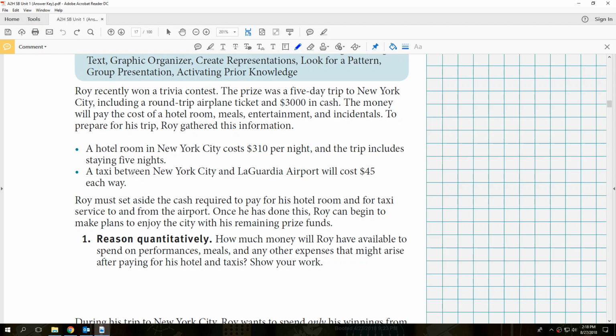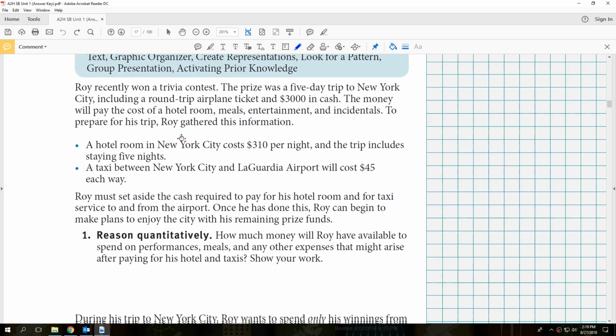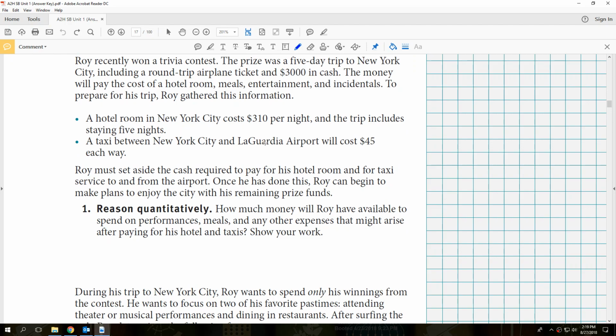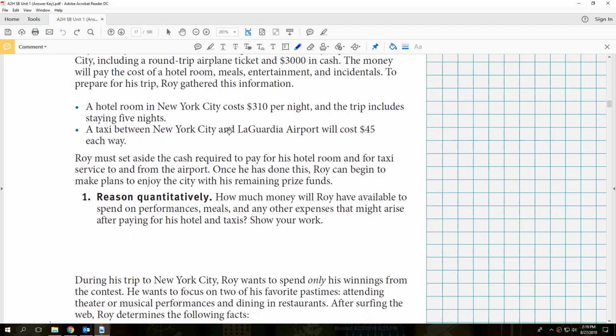The other cost here would be a taxi between New York City and LaGuardia Airport, and that'll cost 45 bucks each way. So he will have to pay for the hotel and the taxi, and it's going to come out of that $3,000 in cash.